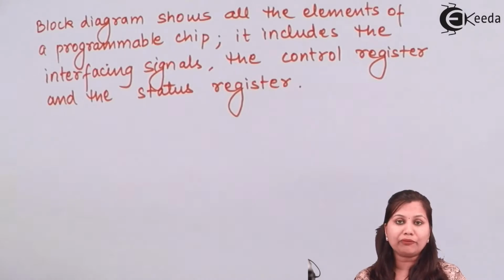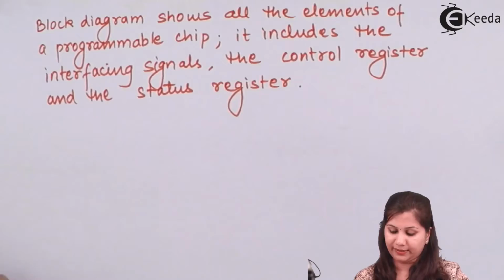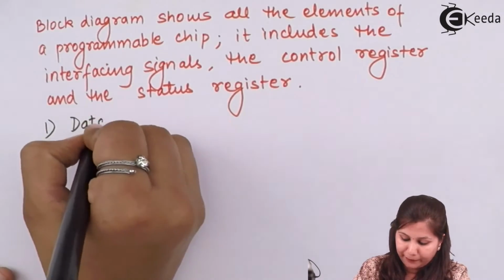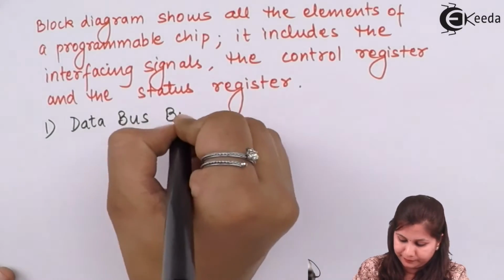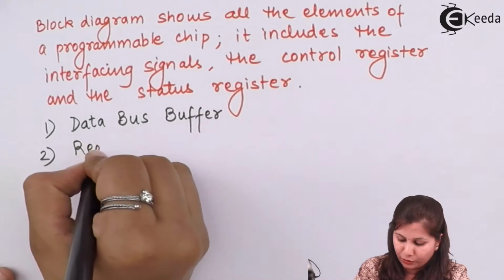Now the block diagram of 8251 is broadly divided into 5 sections. First section is the data bus buffer. Second section is read and write control logic.